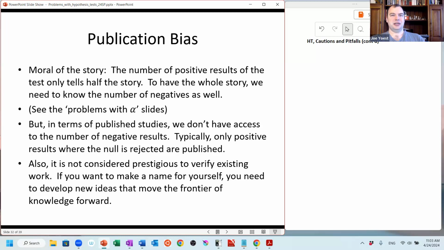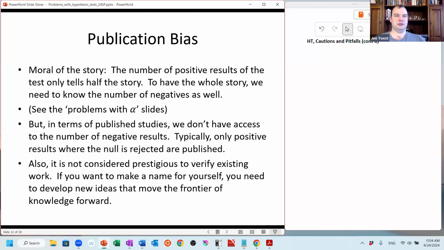Well, the published studies, especially when it comes to, say, medical literature, where you're trying to come up with some new idea that hasn't been figured out before, mostly it's the positive results getting published. If I spend $1 million of research money and do this big long study and it kind of flops, and the thing that I thought was going to be some revolution in cancer treatment turned out to simply not be true, I'm not going to be super proud of that and go and publish it.